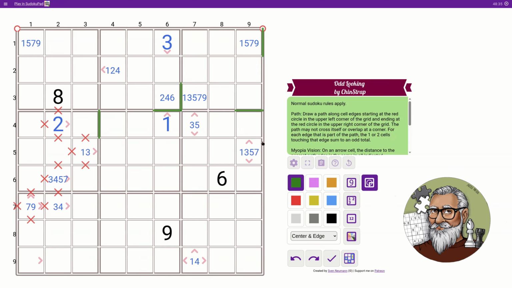Well, keeping in mind, no, not green. I'm doing green also. Keeping in mind that this is not possible either. What is not possible? This is not possible. This is not possible because I can't.